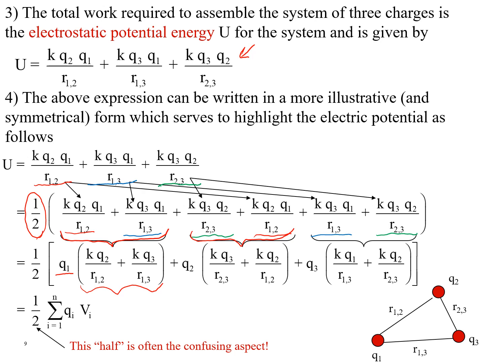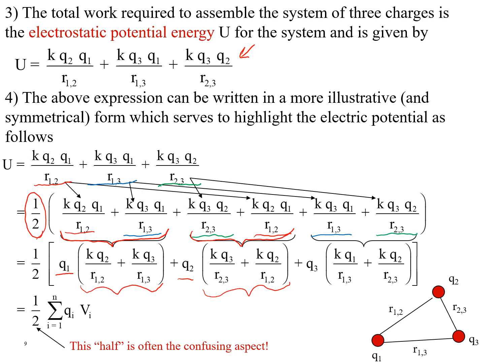And we realize that it can be factorized so that we take Q2 out of these two terms, and therefore the thing inside the brackets can be written as KQ3 over R23 plus KQ2 over R12. In other words, it is the potential at the location of charge Q2 due to the charges Q1 and Q3.